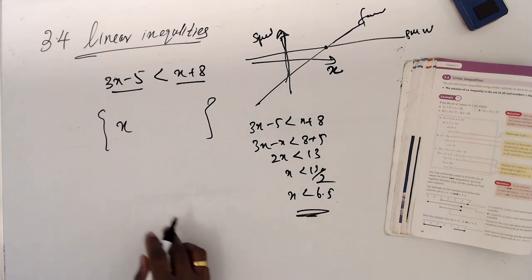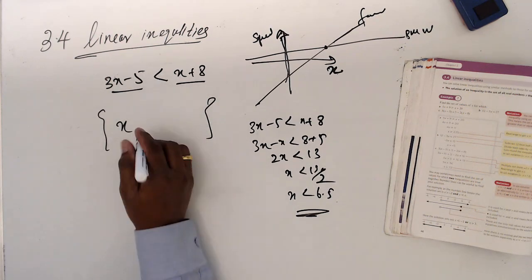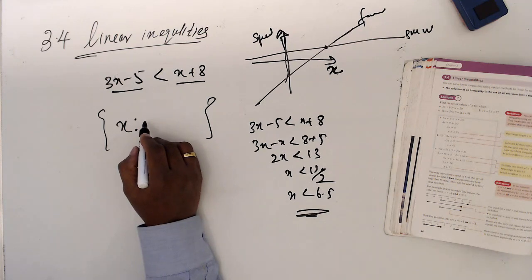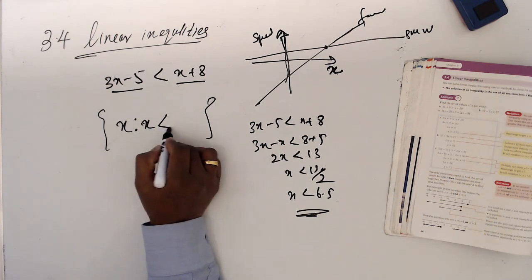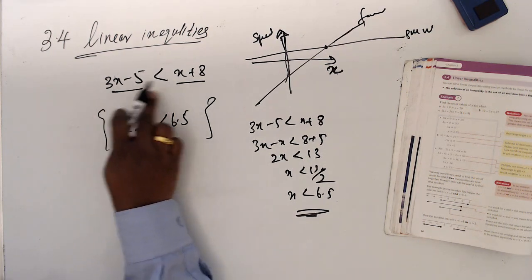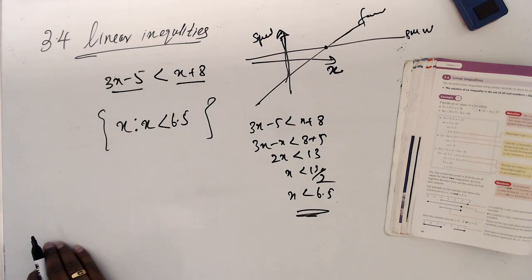Then the solution to this inequality is x such that x is less than 6.5. All the values less than 6.5 satisfy this inequality.